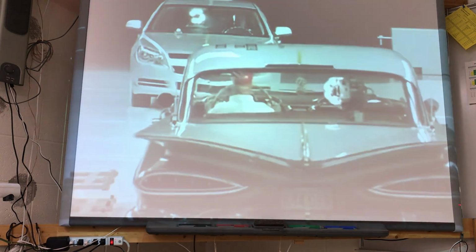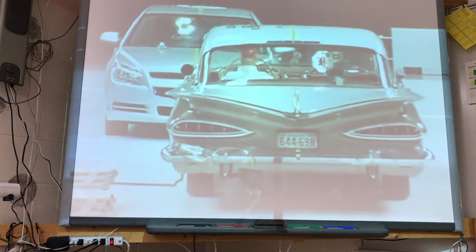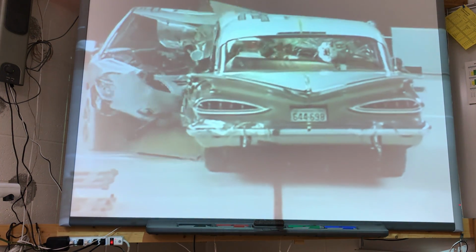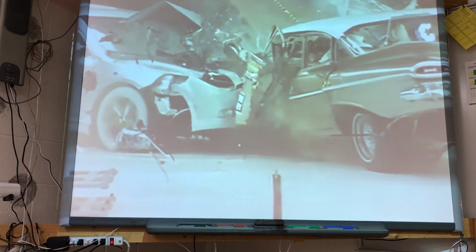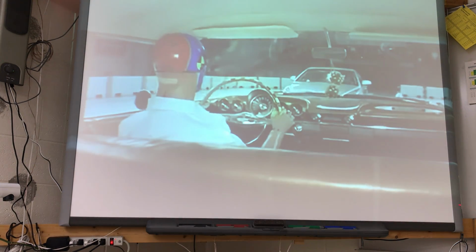The dash, the steering wheel. There's one more angle of the '59, so now you can really see the dash and the roof here. Okay, the seat shifted, everything.